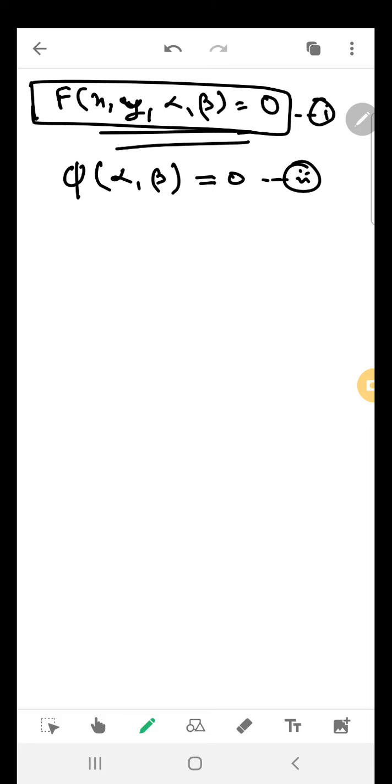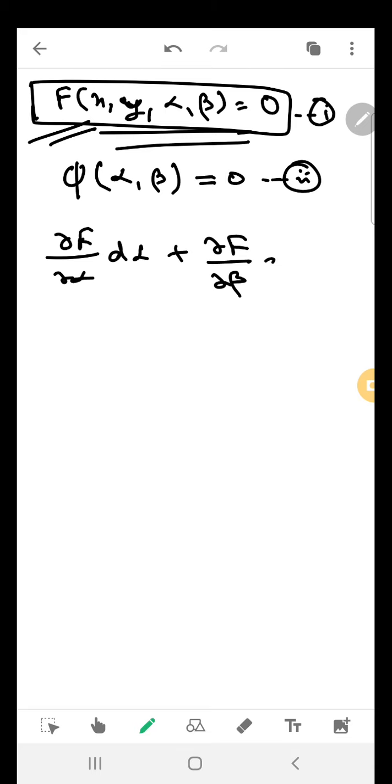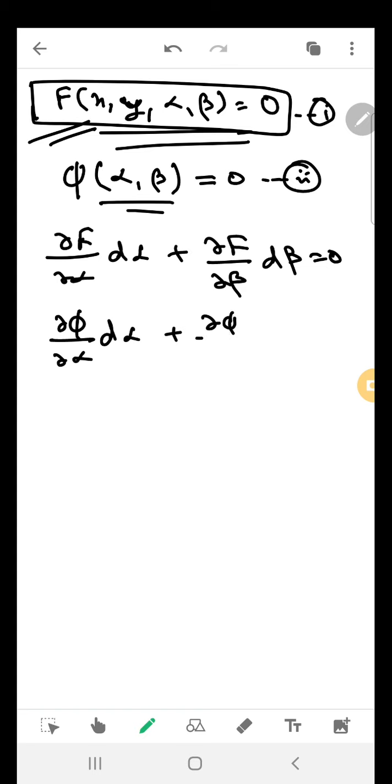Then what will you do? If you differentiate this partially with respect to alpha and beta and add them, you get del f over del alpha d alpha plus del f over del beta d beta equals 0. You will do the same step with the second, so you get del phi over del alpha d alpha plus del phi over del beta d beta equals 0.